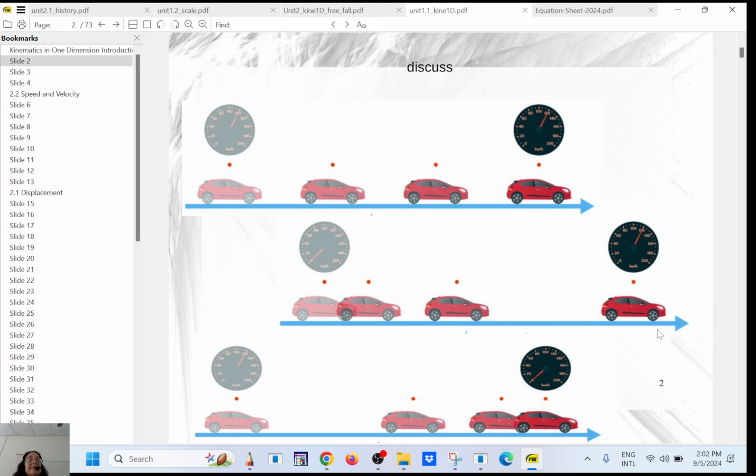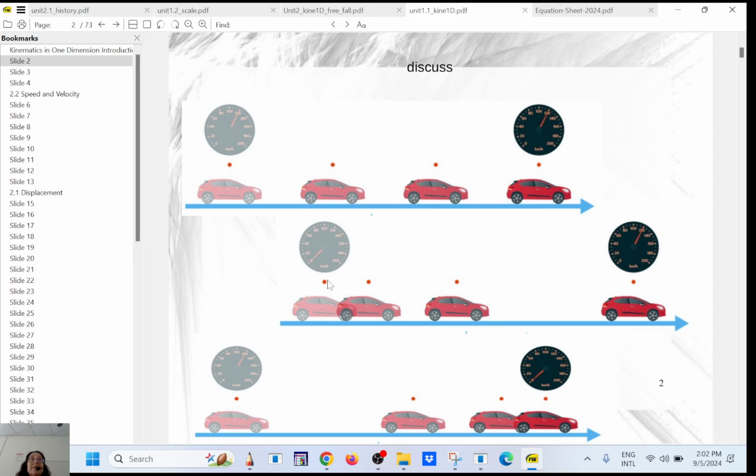So we are doing kinematics, the study of motion in 1D. For example, here you have a constant velocity, so the same speed and the same direction. It means that every second, the same distance is covered. Here, the car is accelerating.